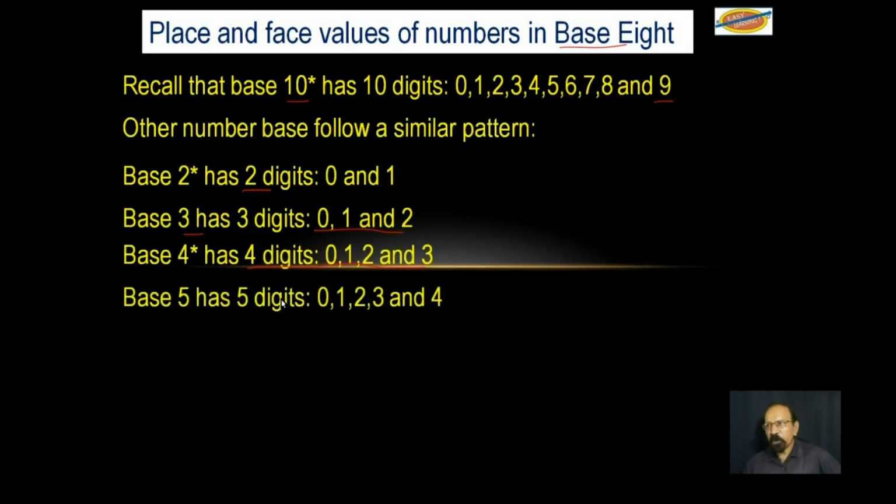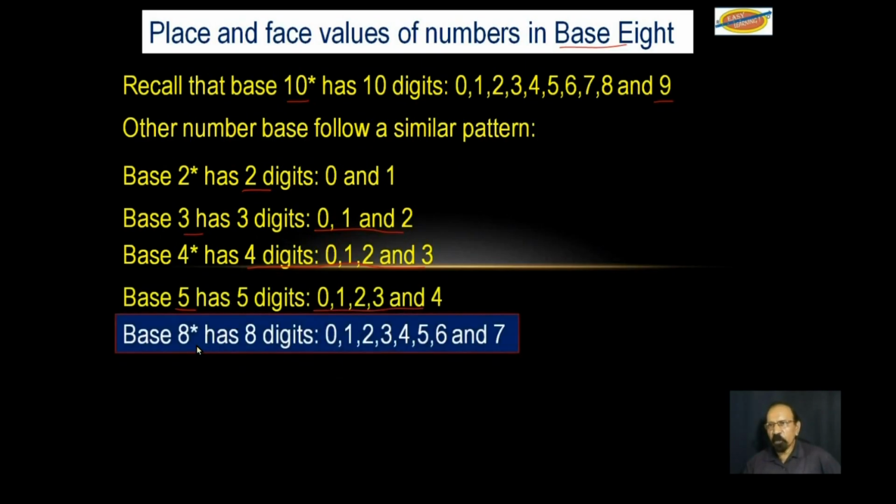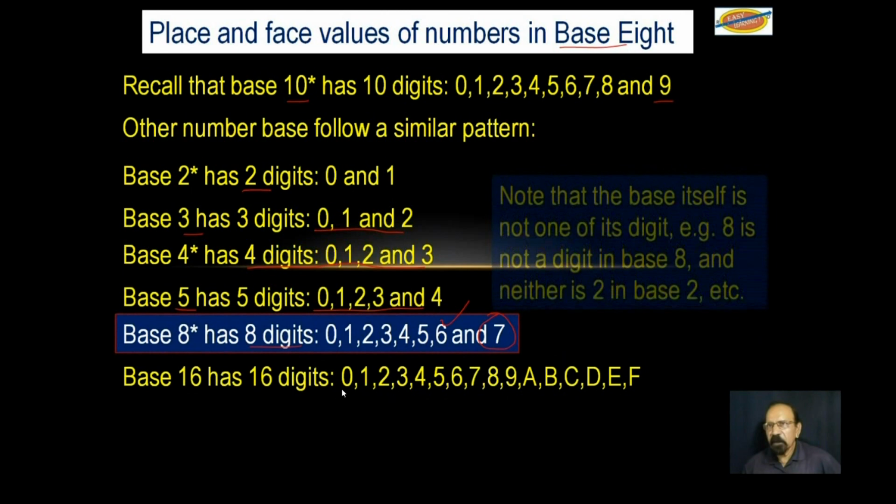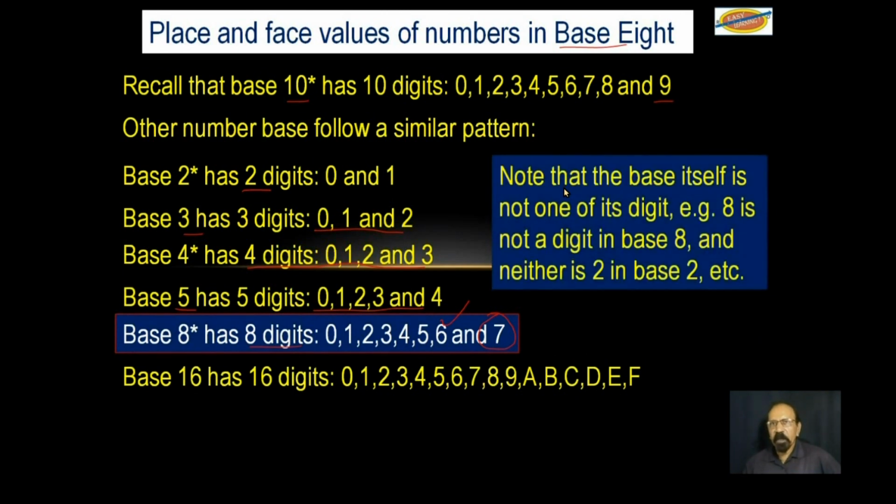Base 5, which we don't have to consider, but now you know how that works. Base 8, which we have to do right now. It has 8 digits, 0 to 7. So 8 is not a digit in base 8.